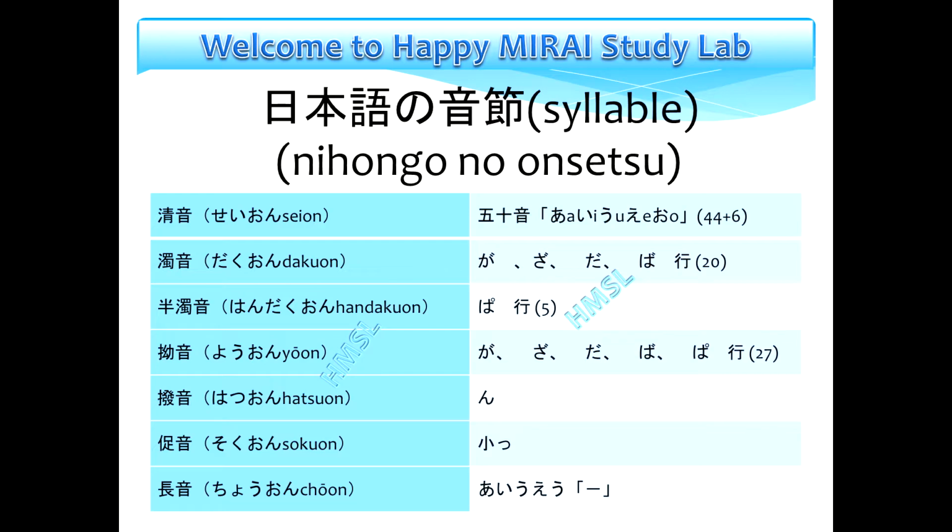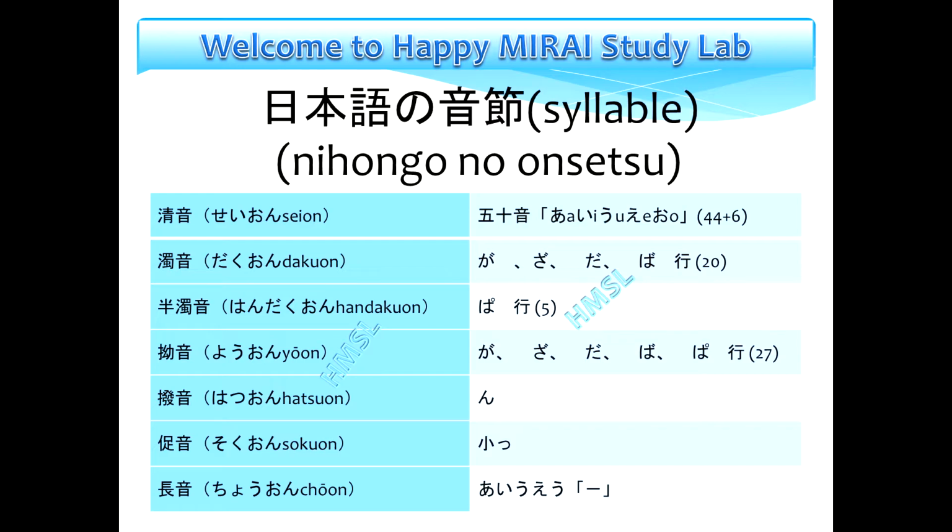So the 50 on is considered as sei-on, the 50 Japanese alphabet that all of us need to study when we want to learn the Japanese language, the hiragana chart.